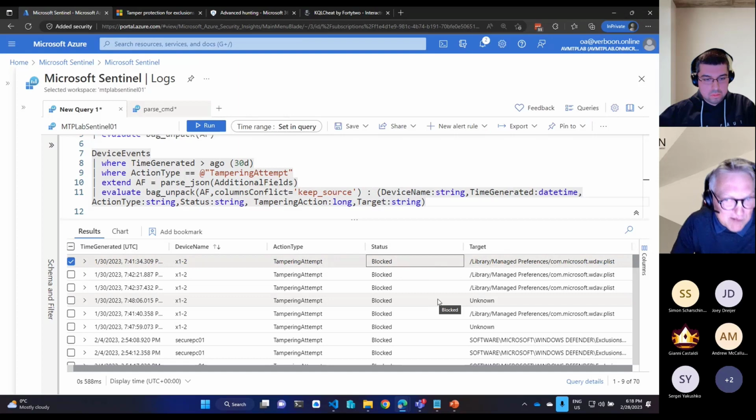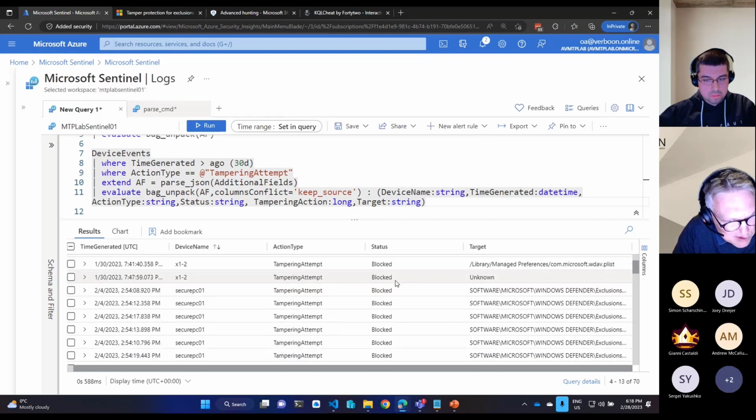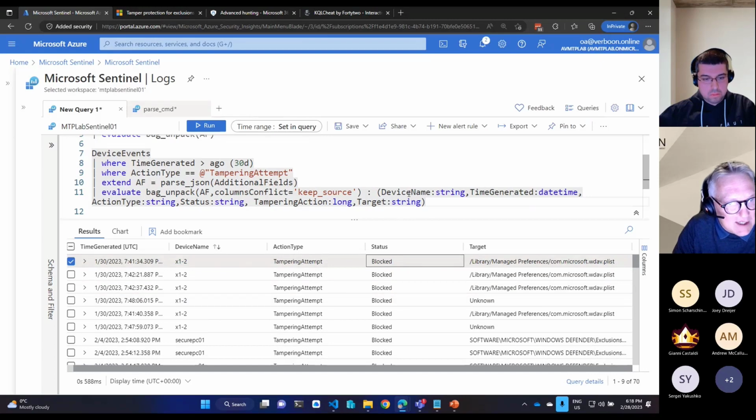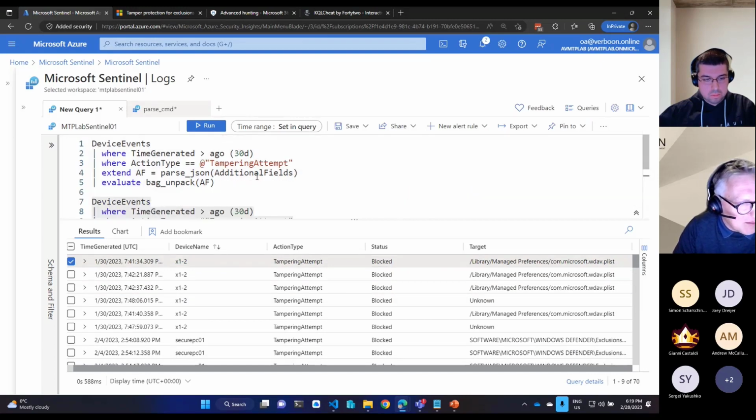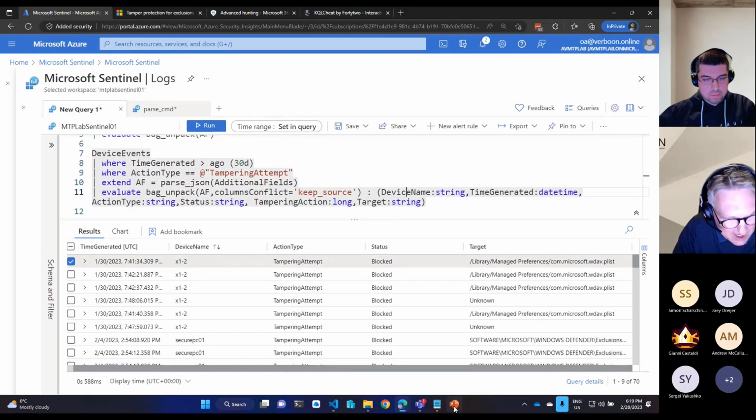So any tamper attempts that I make to a Mac device will be logged and of course be blocked. So that's the bag unpack example that I have for this week.